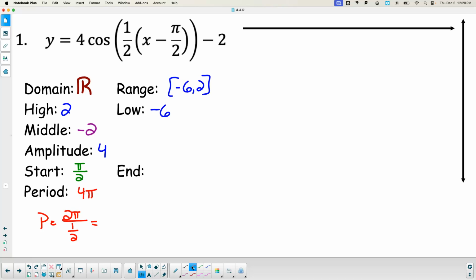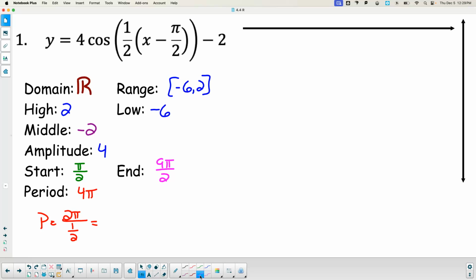Start at pi/2. Period is 4 pi. Where do we end? 9 pi/2. 4 pi is 8 pi/2. It was not negative. It was positive. Okay.